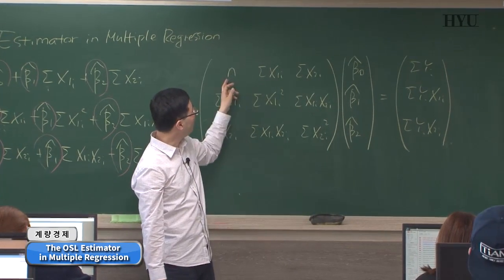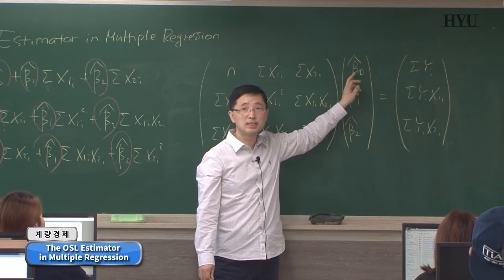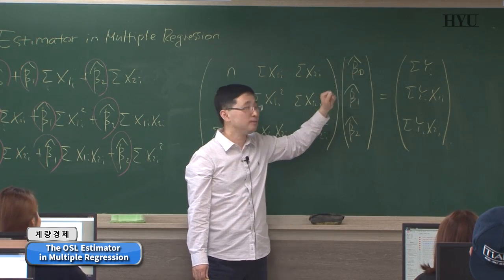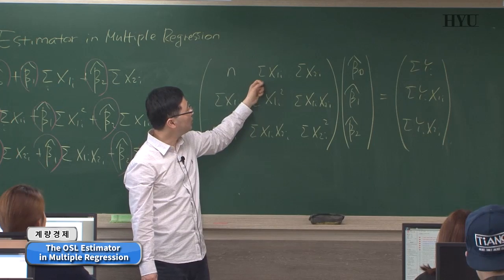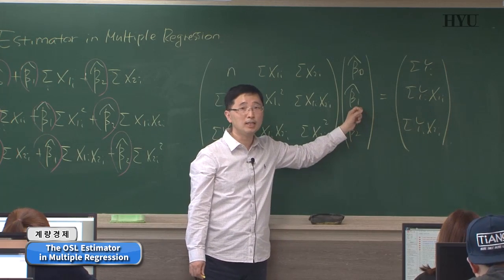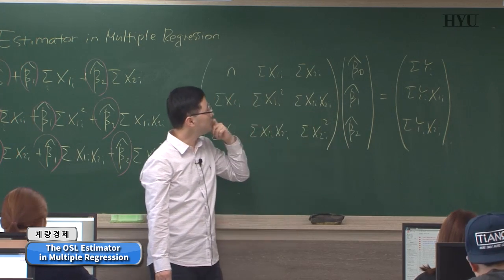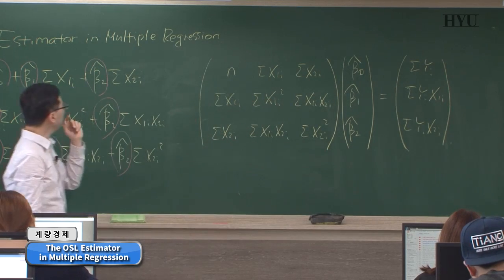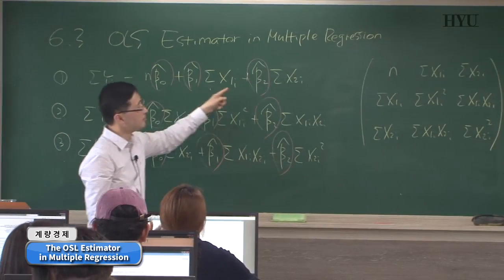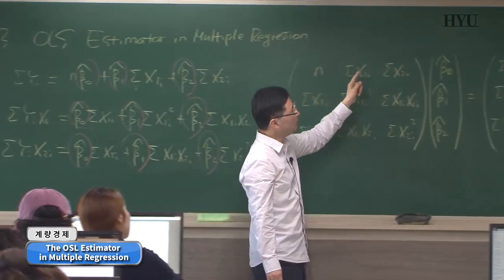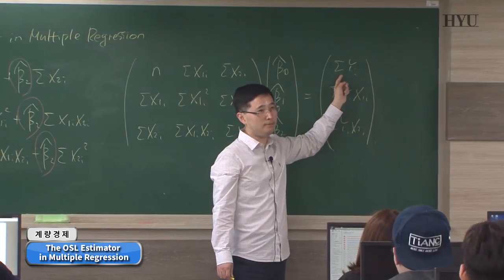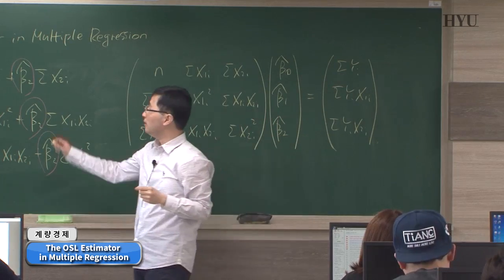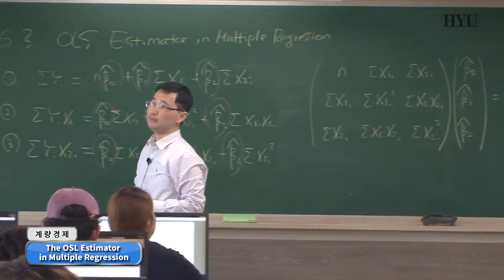So I have n times beta null hat plus summation x1i times beta 1 hat plus summation x2i times beta 2 hat, which is this side. And that is equal to summation of yi. So this is one way to rewrite the first equation.